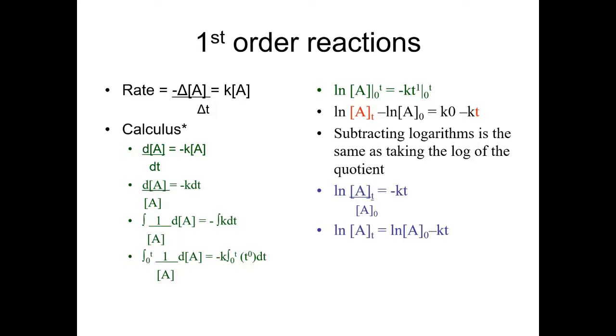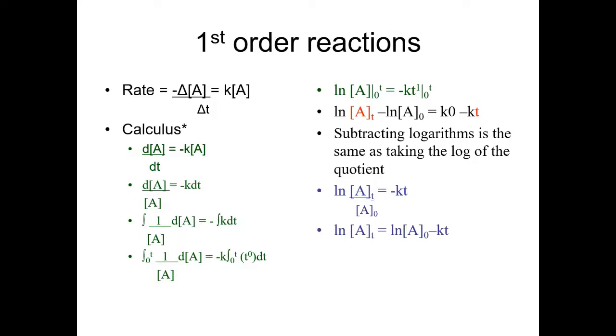But one of the special rules about logs, and we don't work with logs very often, so you may or may not remember that this happens, but I'm telling you again, is that if I'm subtracting two logs, that's the same thing as taking the log of the numbers divided by each other. So not taking the logs divided by each other, but the individual numbers. So if I have parentheses. Okay? So those are two ways to express the same thing.